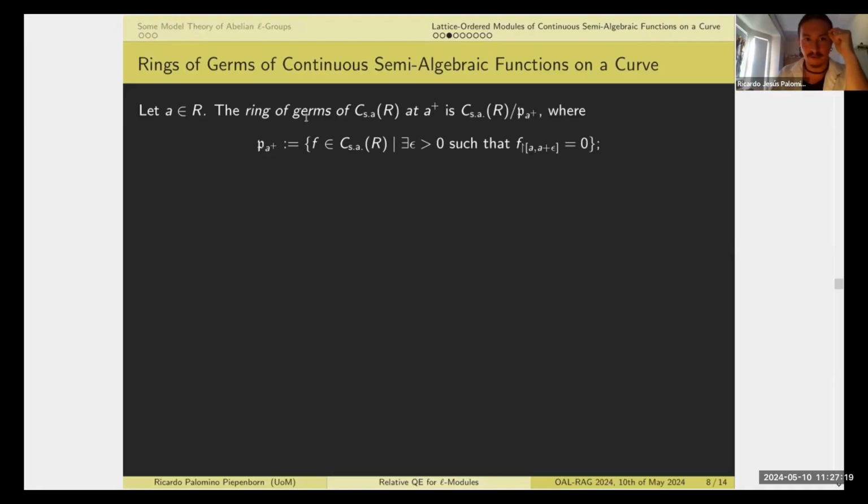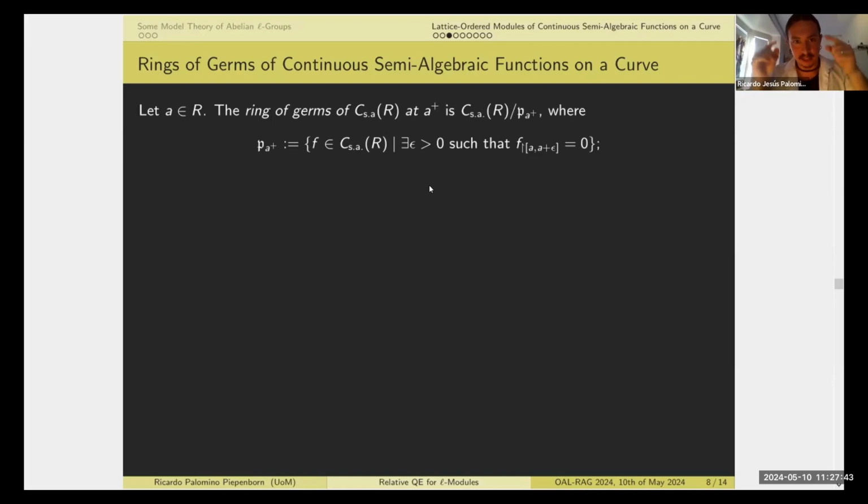So this is the ring of one-sided germs at A, approaching it from the right, which is just a quotient of this ring of functions modulo this ideal, which turns out to be a prime ideal. So this over here is a domain, and this is very, very well known. So again, we're considering rings of one-sided germs on the line.